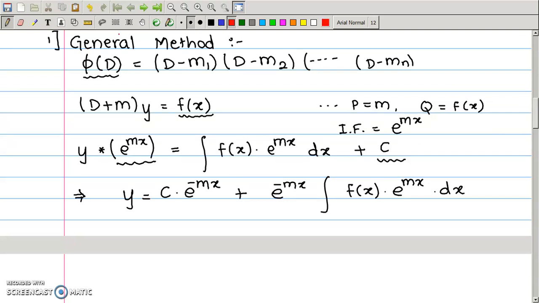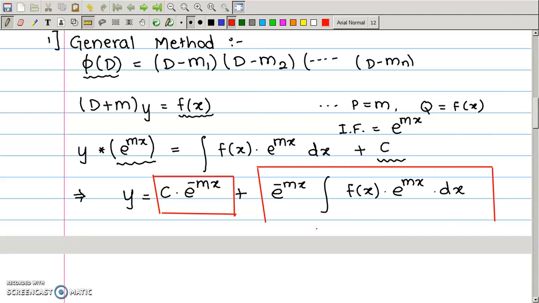Now, we can classify here, since the first part of the solution contains arbitrary constant and second part of the solution does not contain any arbitrary constant, but it contains function f of x in it. Since it contains arbitrary constant, this is the complementary function part of the solution, and since it uses f of x, this is our required particular integral.